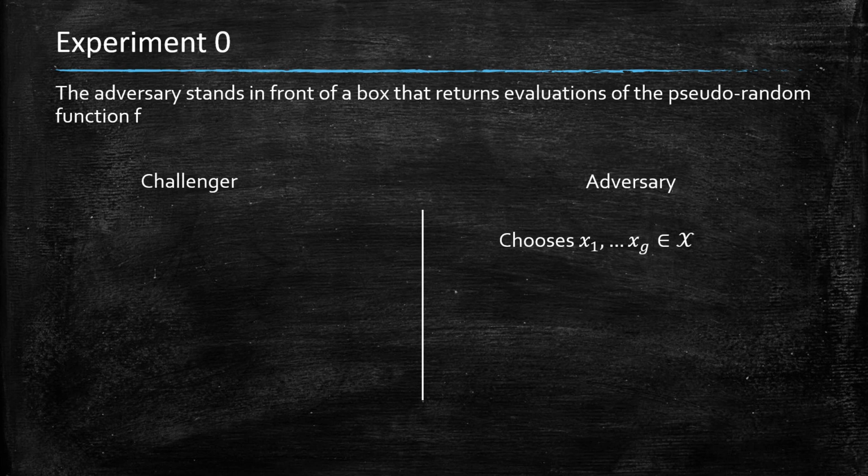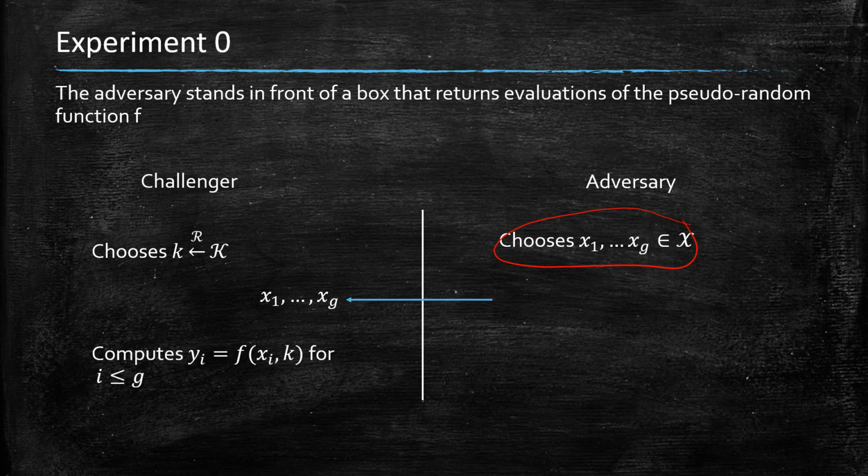So the adversary chooses elements in the domain, and the challenger chooses a key, very much like in the semantic security game, and the adversary requests the evaluation of that function at the key k on the elements x1 to xq, which of course the challenger sends back to the adversary, and the adversary returns 0 or 1, which you can think of as, for example, 0 meaning this is not randomness, 1 meaning this is randomness. But it doesn't really have to have a formal meaning.